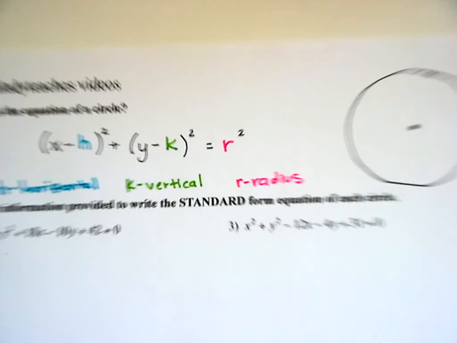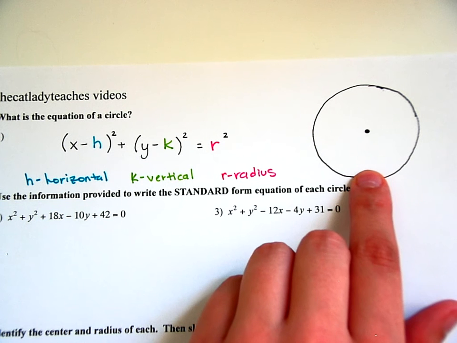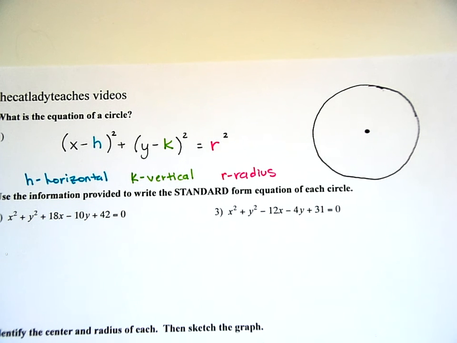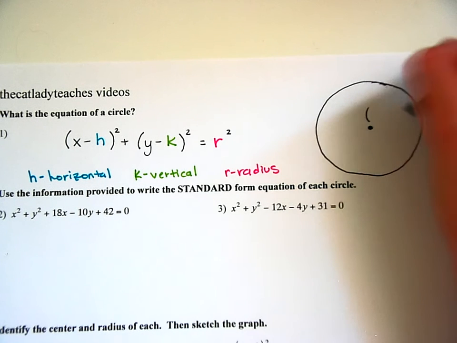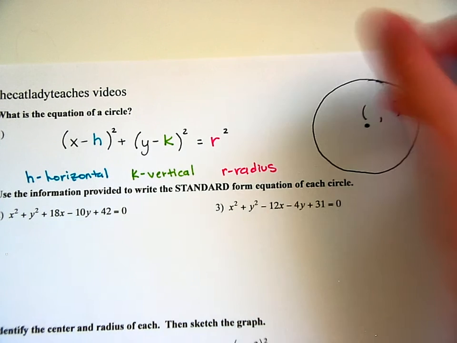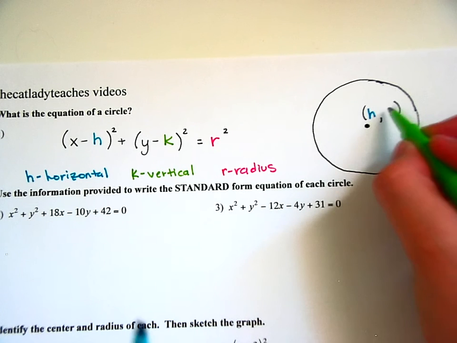So in our circle, if I were to graph one, our center, now the standard or the parent function of a circle would be centered at 0, 0, or the origin. But when we have some type of shift, then our new center is going to be some point x comma y, and the x value is whatever h is, and the y value is whatever k is.